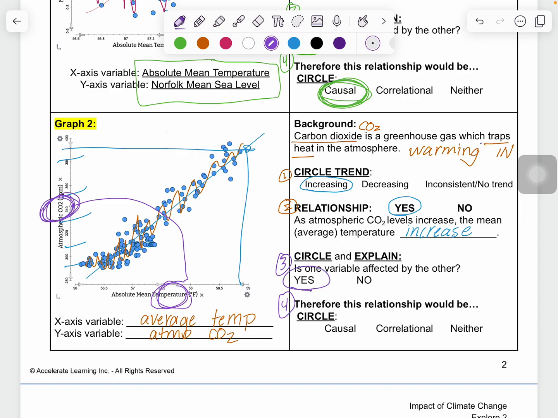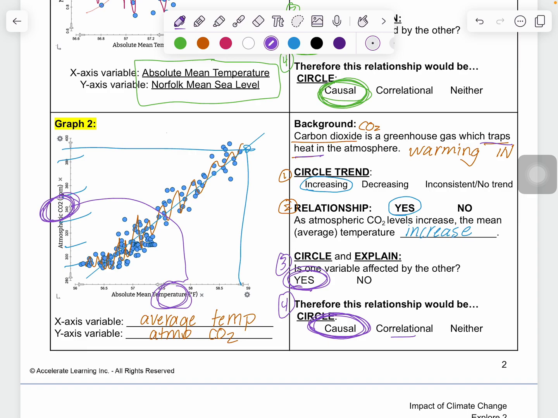Yes, because it traps heat in. So if there's more CO2, it would trap more heat and the temperature would go up. So yes, there has to be an impact. Therefore, these are more than just a correlated pair of data. They are a causal pair of data where one makes the other happen.